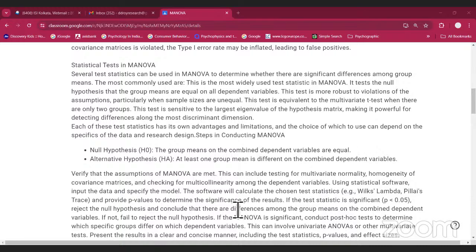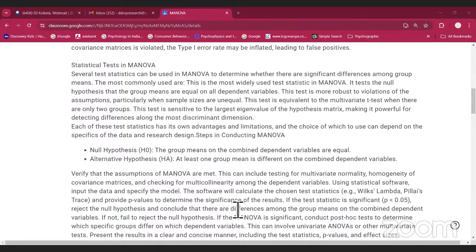Sir, when the Wilks lambda value is close to 0, what does that mean? When the Wilks lambda is close to 0, that means the independent variable has more effect on the dependent variable.